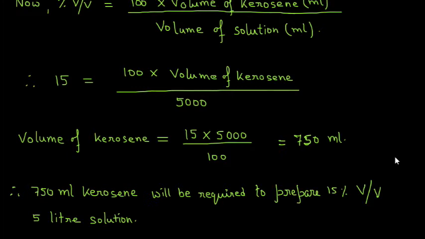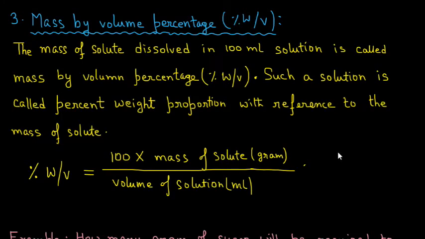We can write 15 multiplied by 5000 upon 100 is equal to 750 ml. Therefore, 750 ml of kerosene will be required to prepare 15% V by V 5 liter solution. So, mass by volume.